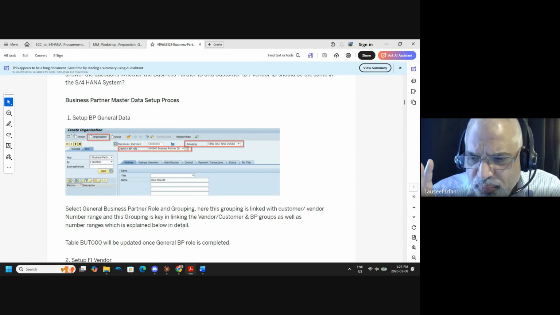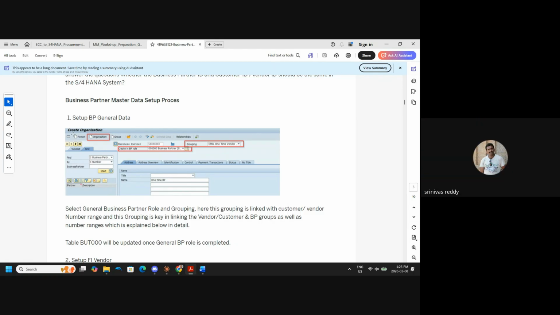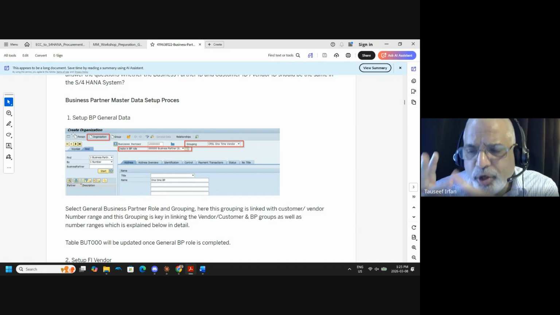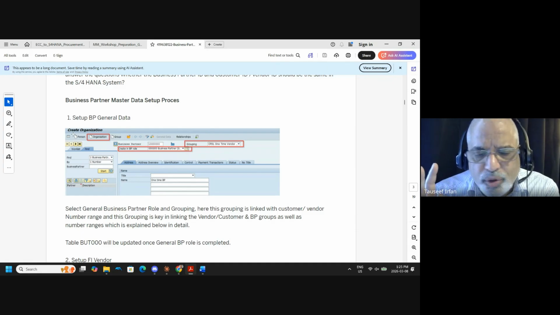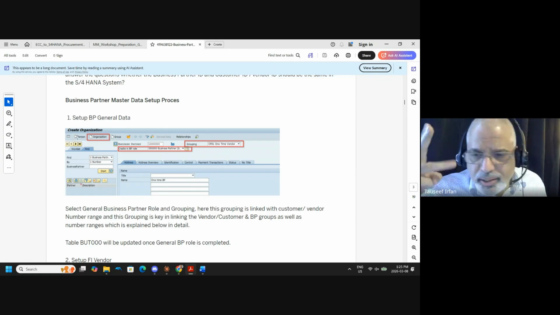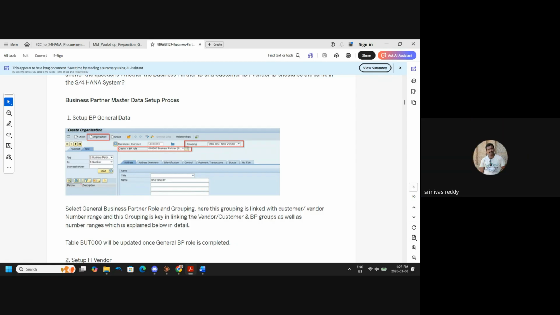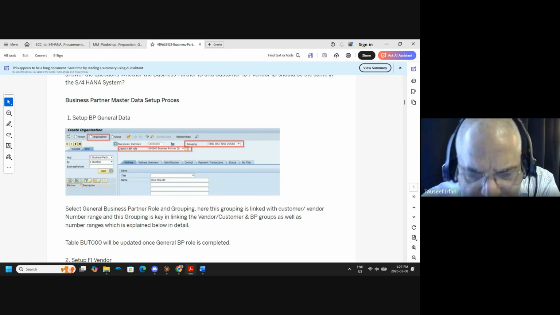Yes, if an IT consultant is an independent consultant, a freelancer you found from Upwork or some other website, you cannot create an organization for that freelancer. So you have an option to create that freelancer, for whatever consulting he's doing, as a person. Still he is a person, it's not an organization. You understood that?